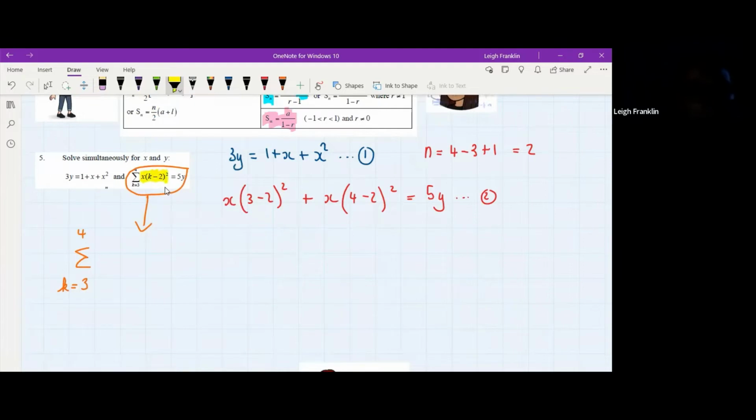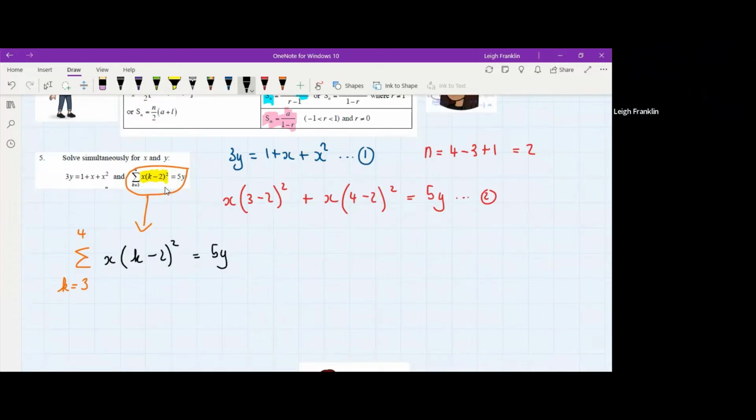The rule I've highlighted in yellow is the rule that we're subbing into. So they want us to sub into the rule x times k minus 2 squared. And they are telling us that when we sub into that rule and add our terms together, it is going to add up to a sum of 5y. Does that make sense to you?